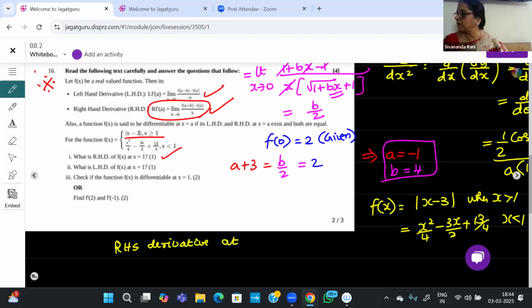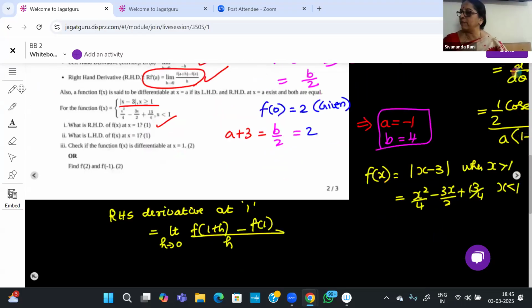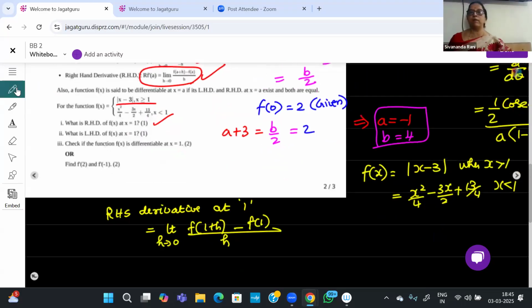That is limit h tending to 0, f of 1 plus h minus f of 1 by h. Because it's not visible, that's why I'm writing it once again. Can you try it on your own now? Let me see who gets this limit correctly. You should know where you have to substitute and how to evaluate the limit.